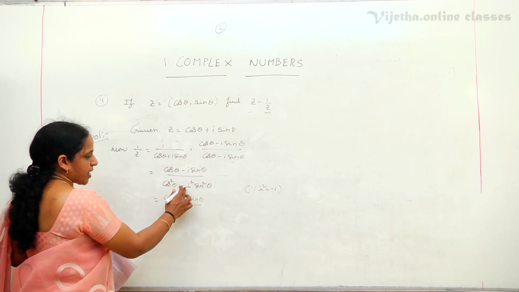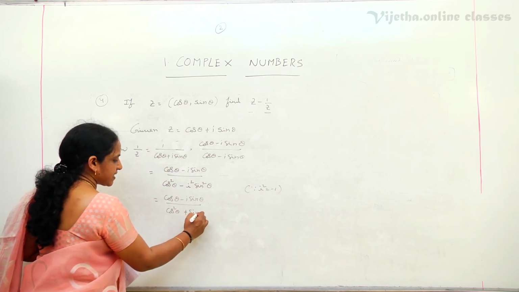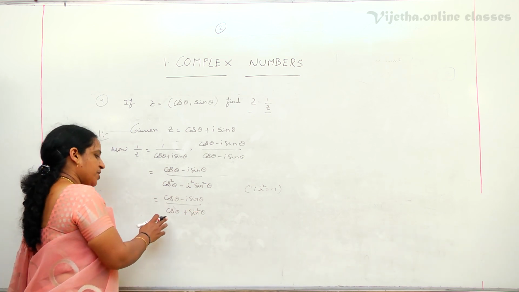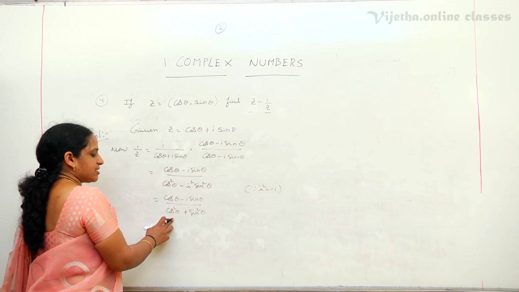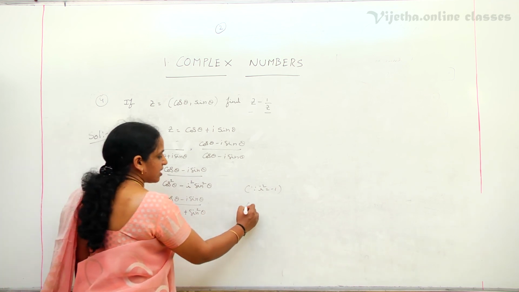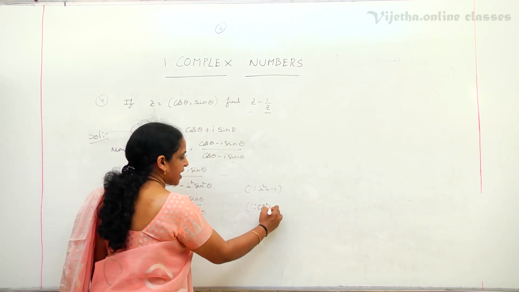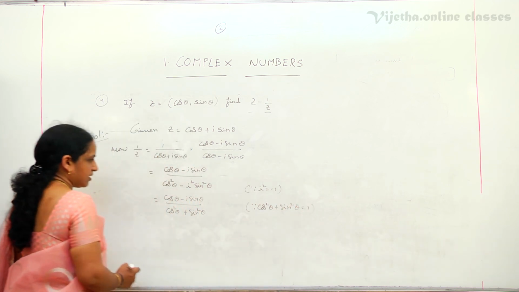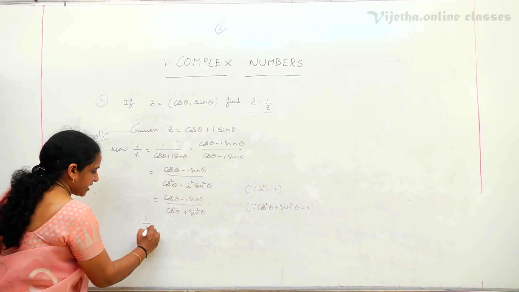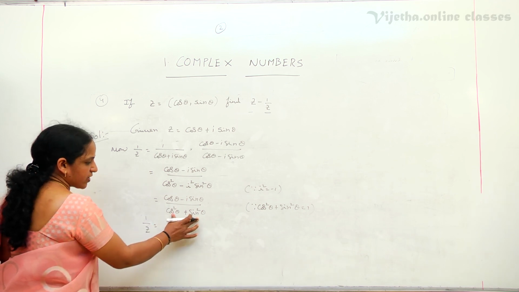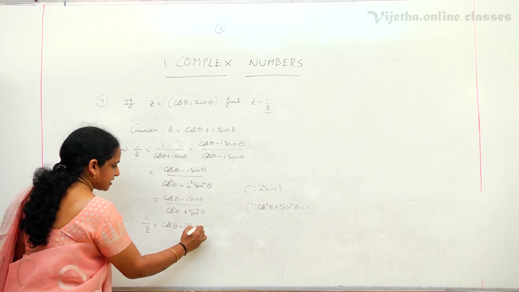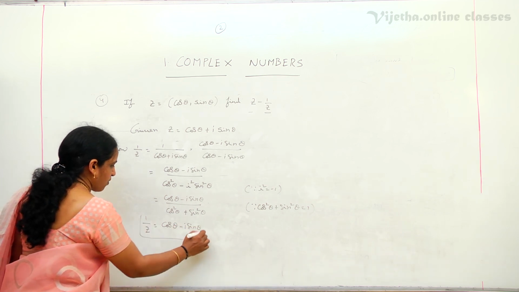So minus of minus gives plus sin square theta. The denominator is cos square theta plus sin square theta, and we know cos square theta plus sin square theta equals 1. So the denominator value is 1, and 1 by Z equals cos theta minus i sin theta. This is the 1 by Z value.